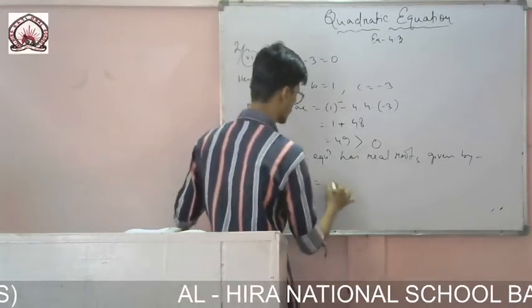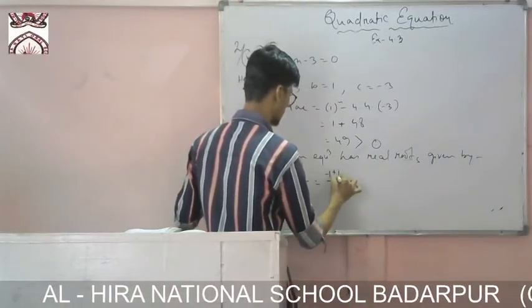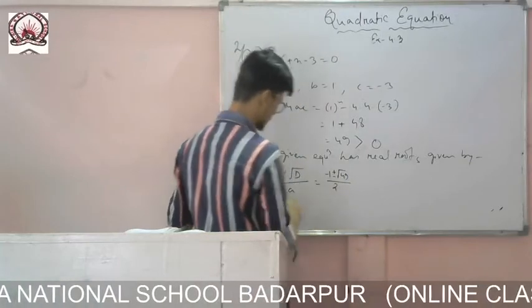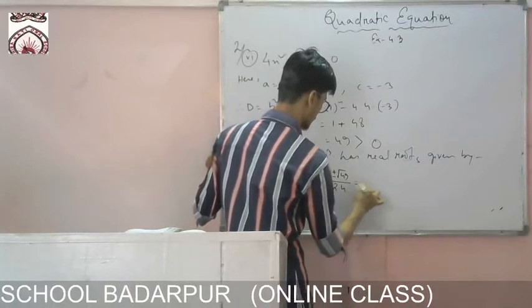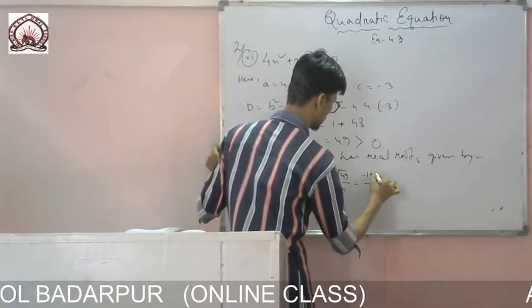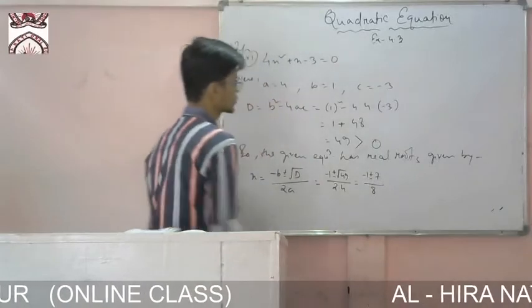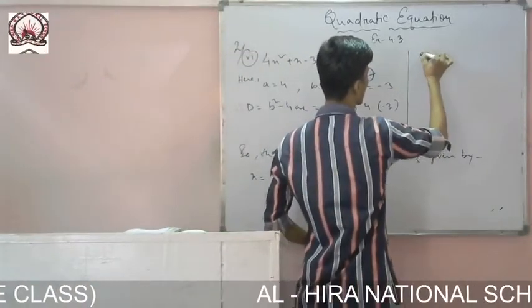So minus b, here it is 1, so minus 1 plus minus root over 49 by 2 into a, that means 2 into 4. So it is coming minus 1 plus minus 49, that means 7, and 4 2s are 8.